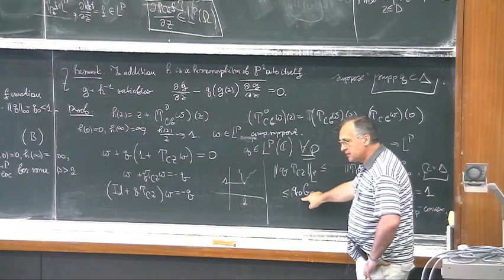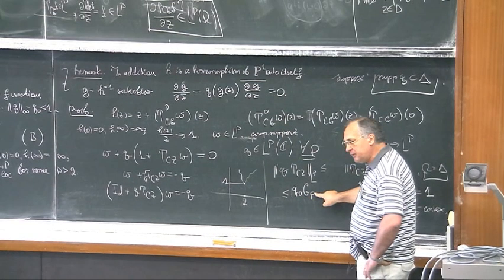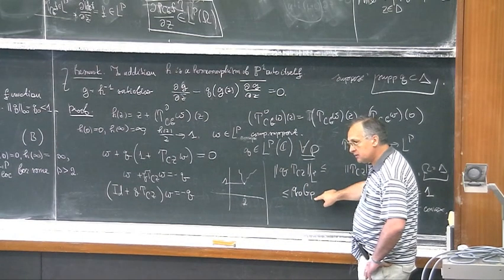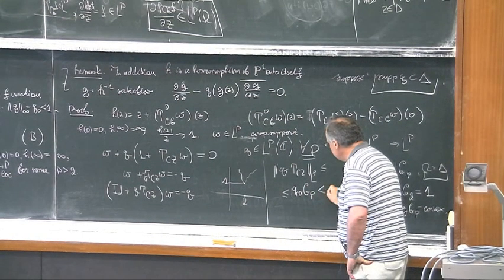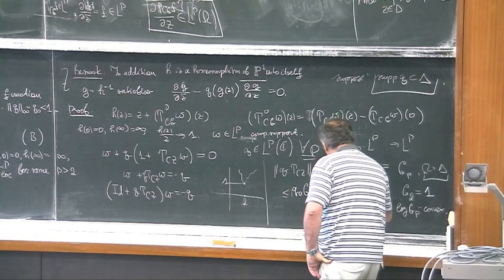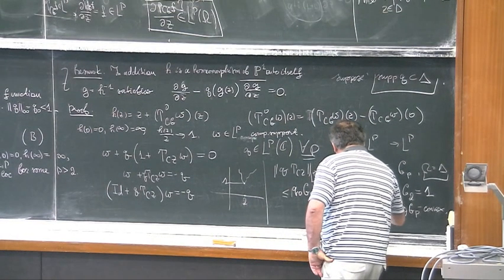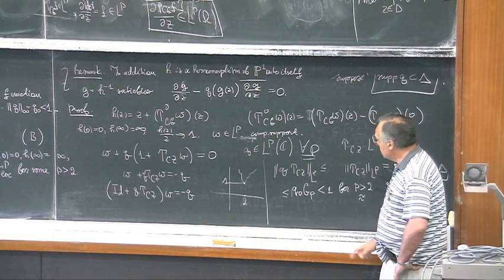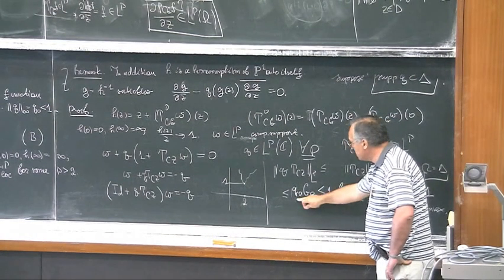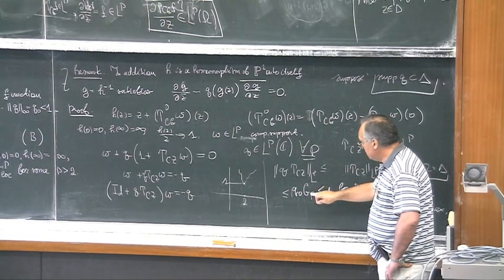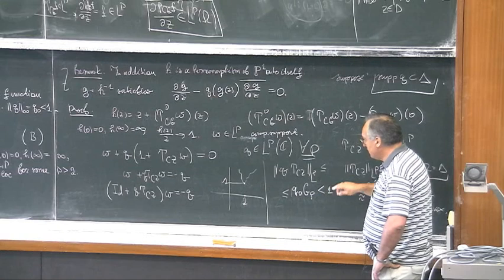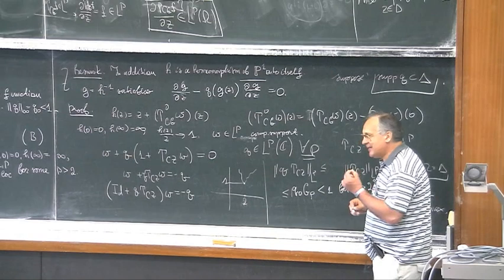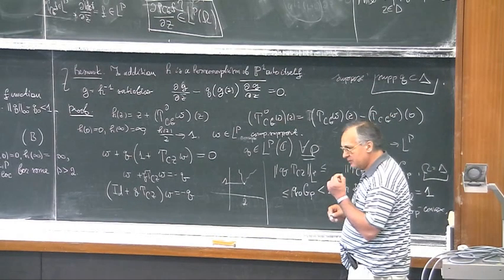Now, this is less than 1. And if I take p sufficiently close to 2, this will be close to 1. So I can make it less than 1 for p bigger than 2, but close to 2. So I will have two things at a time: this constant is less than 1, and I will still work in LP classes for which the Sobolev embedding works.